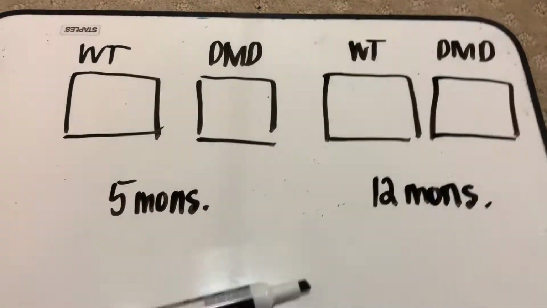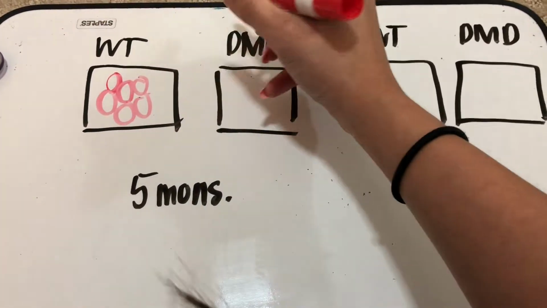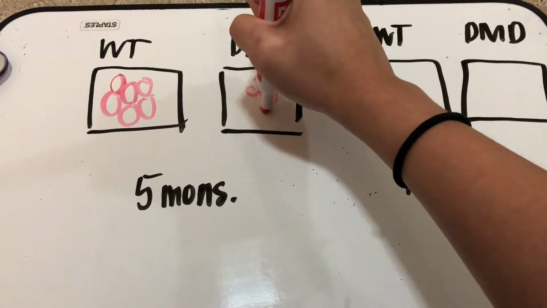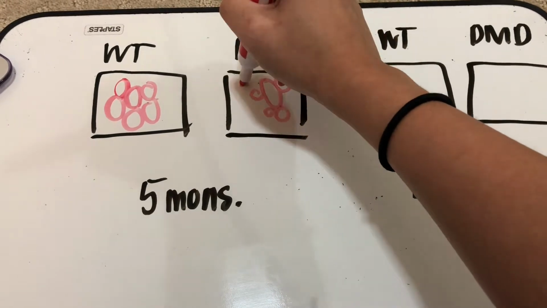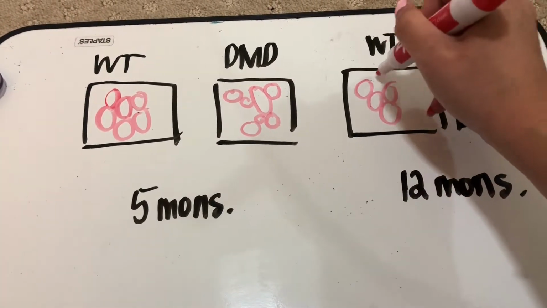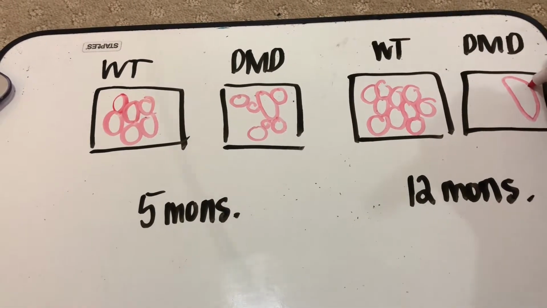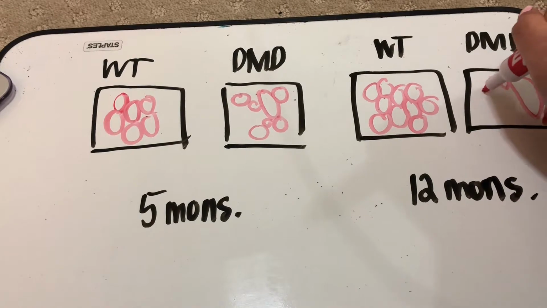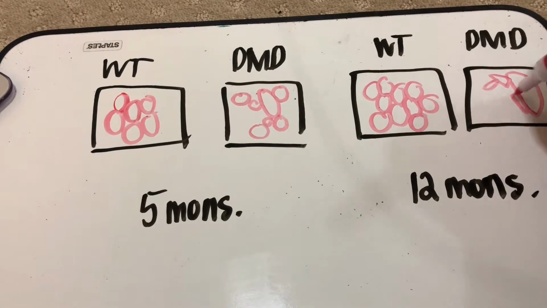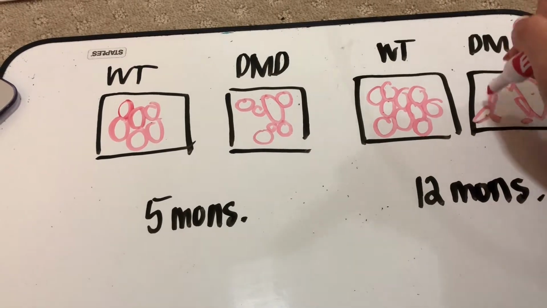In wild-type rabbits, the staining showed healthy normal muscle fibers with little variation in size and minimal fibrosis. In DMD rabbits, it showed hypertrophy and fibrosis. It was also noted that fibrosis progressed in the 12-month period compared to the 5-month period of DMD rabbits.